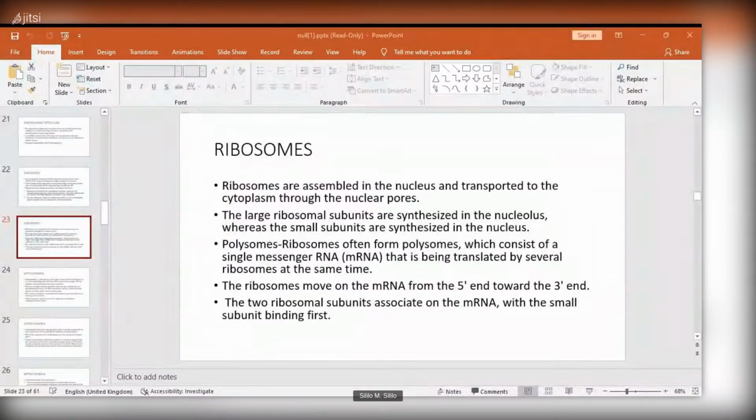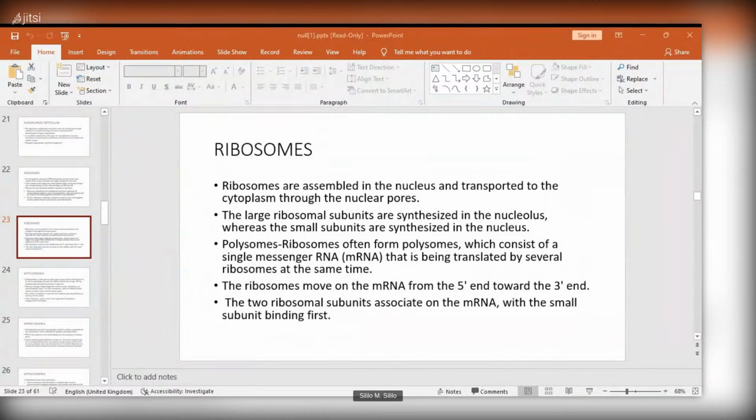The small subunits are synthesized in the nucleus itself. Of course, you require your mRNA, which binds in the middle of the large and small subunits, and then protein synthesis takes place. You people are experts when it comes to how protein synthesis takes place. You know that it takes place from the 5' to the 3' end. Next slide.